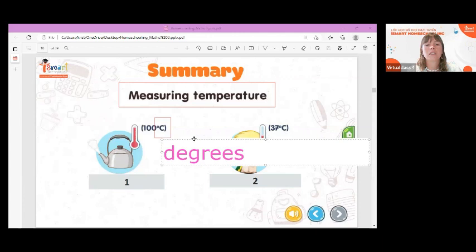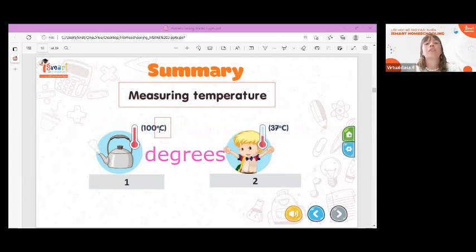All right, this is the sign for degrees. Okay, so we see 100 degrees and 37 degrees. All right, this is measuring temperature. All right, so let's move to the next one.